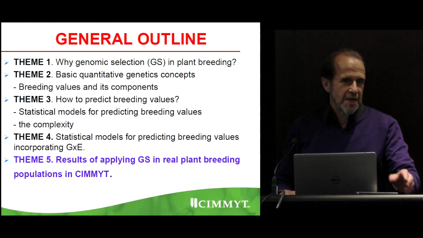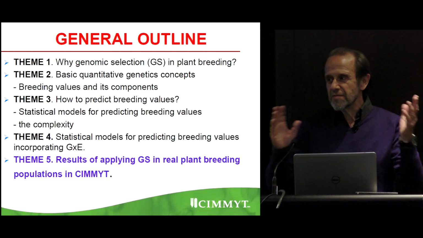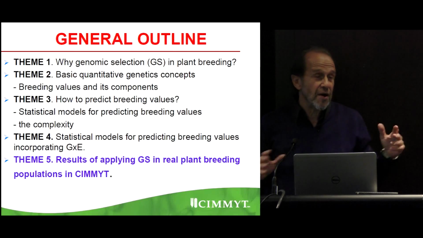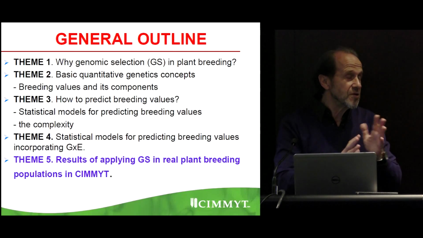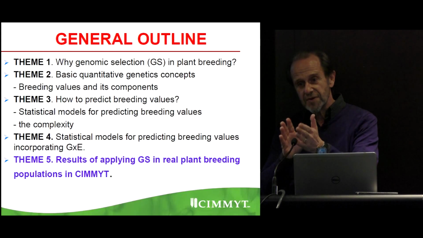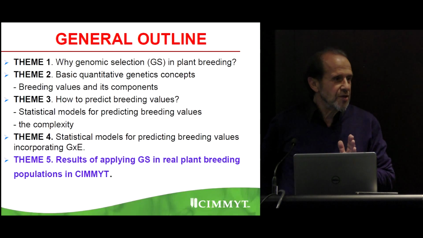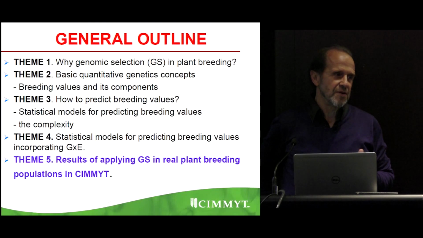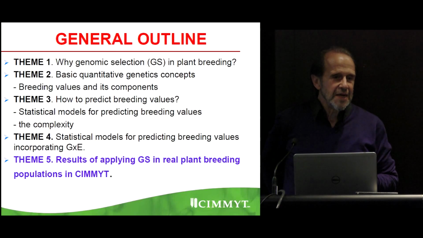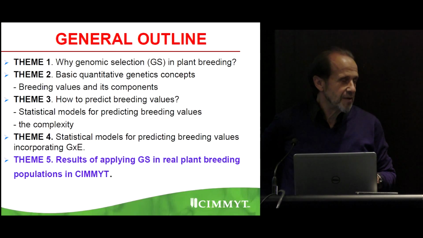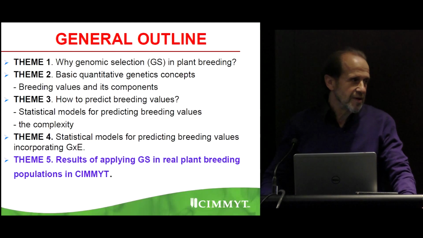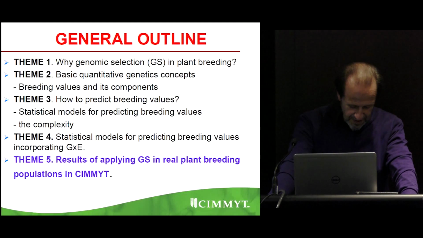We just took a data set, did the random cross validation, and said, this is good. The prediction is this for this trait, and this for that trait. But we didn't do any real prediction. We didn't do any rapid cycling. That will be done by the breeders.